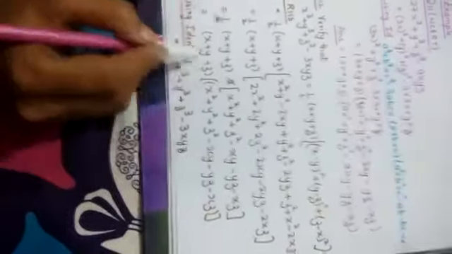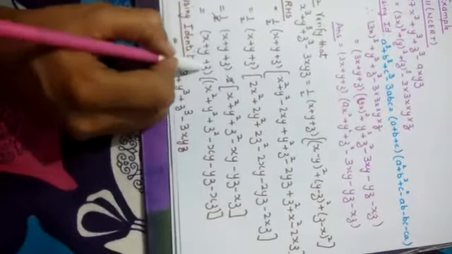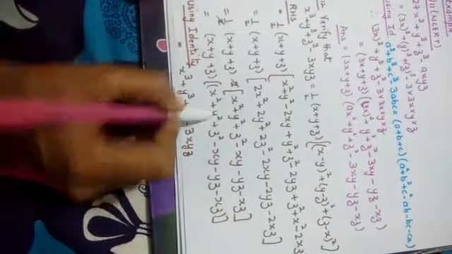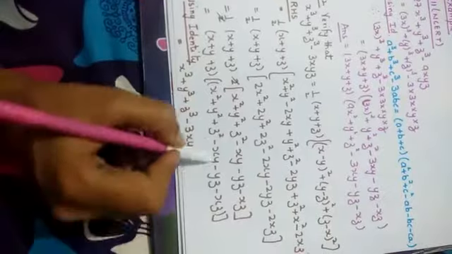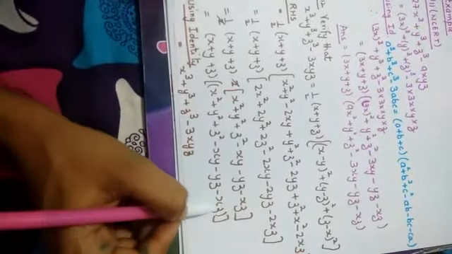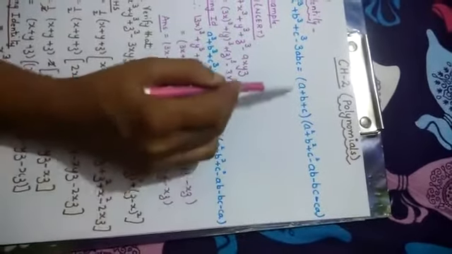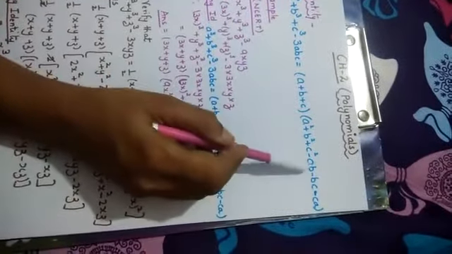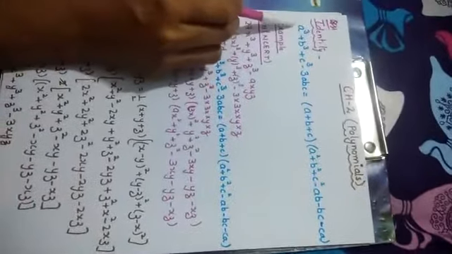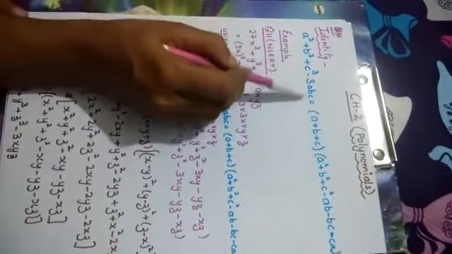Now you are left with x plus y plus z, x square plus y square plus z square minus xy minus yz minus xz. If we recall the identity that we have done today, a plus b plus c, a square plus b square plus c square minus ab minus bc minus ca, I have got this side. So I'll write it equal to this side, a cube plus b cube plus c cube minus 3abc.